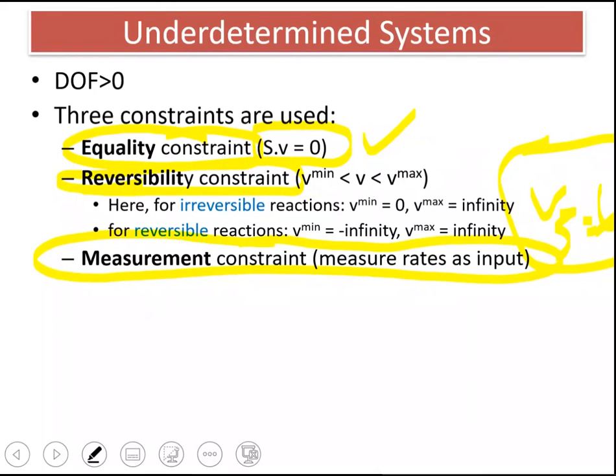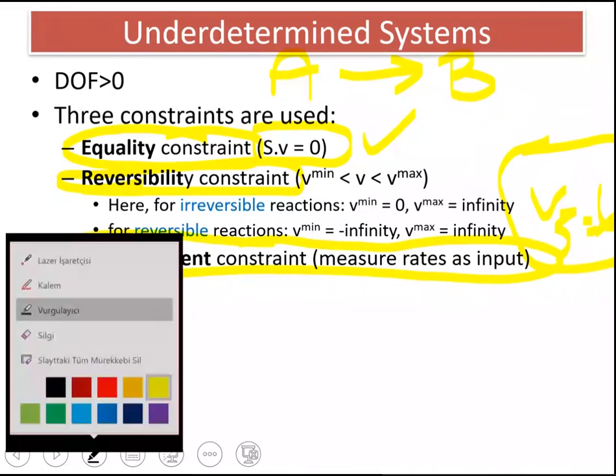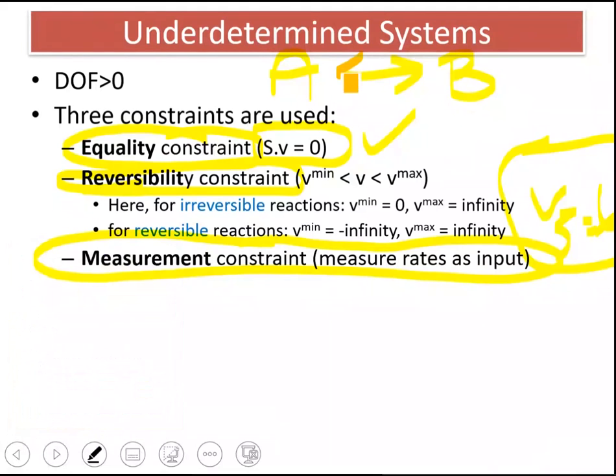Irreversible means that if you write the reaction like this, reaction only proceeds from A to B. It cannot proceed from B to A. So the reaction is irreversible. Reversible means the reaction can proceed in both directions. Either B can be formed from A or A can be formed from B.